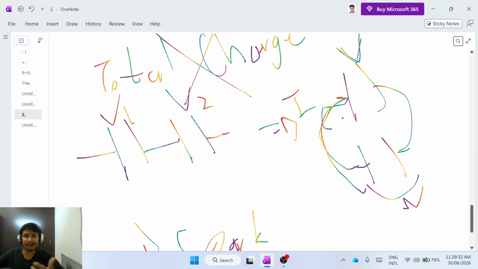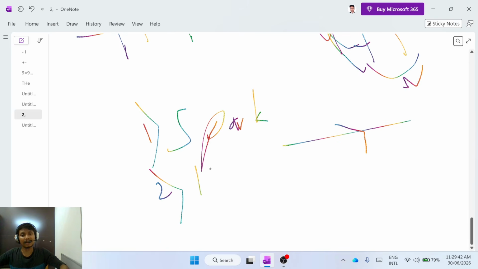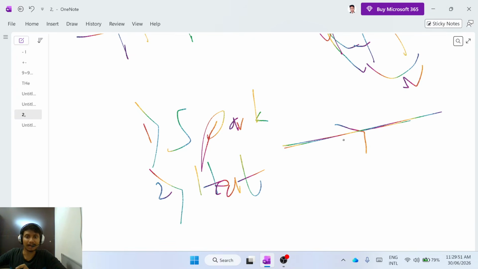The charge will go. We already know if current flows through the wire, the conductor will be heated.